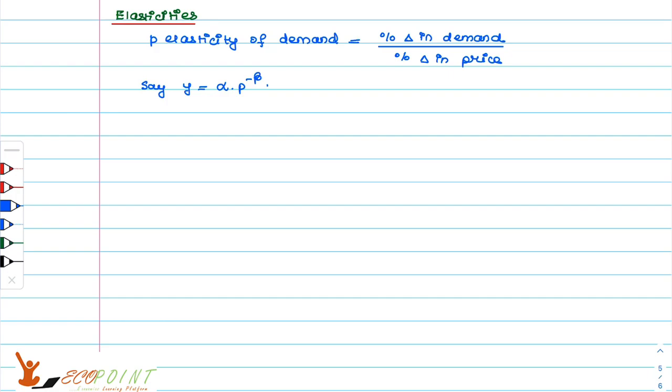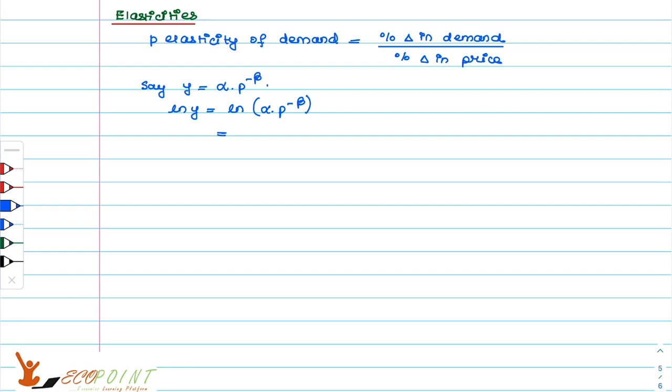So how do we find this out? We can take the log of both the sides. So it is going to be log of y equals log of alpha into p to the power minus beta.